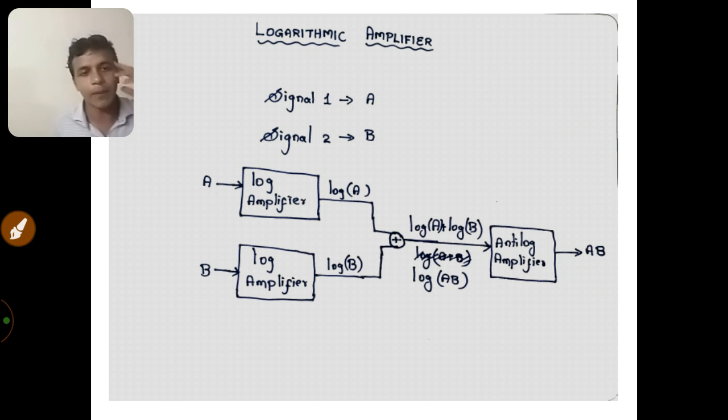As an example, let us consider that we need to multiply one signal with another signal. This is called mixing of two signals.